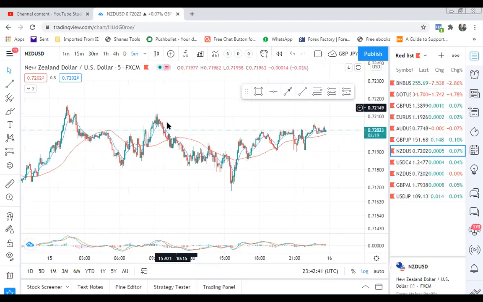Whatever analysis you make here on your PC will automatically be on your phone if you have the TradingView app, because you have an account with TradingView.